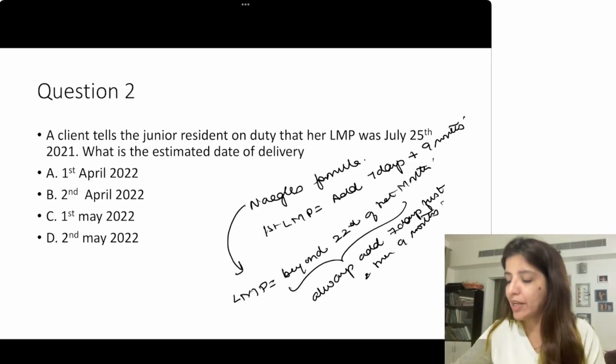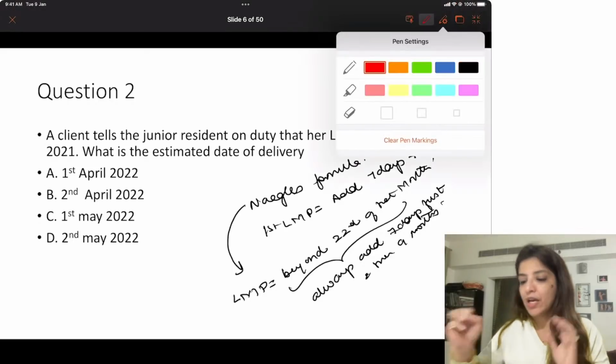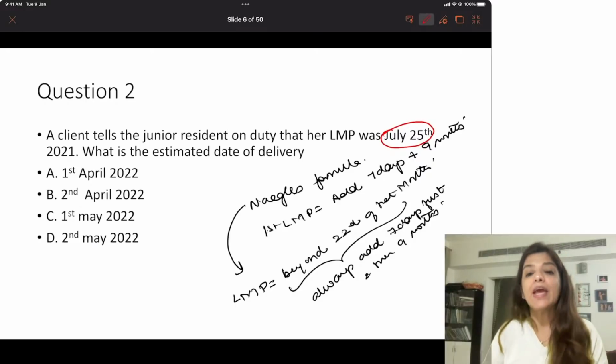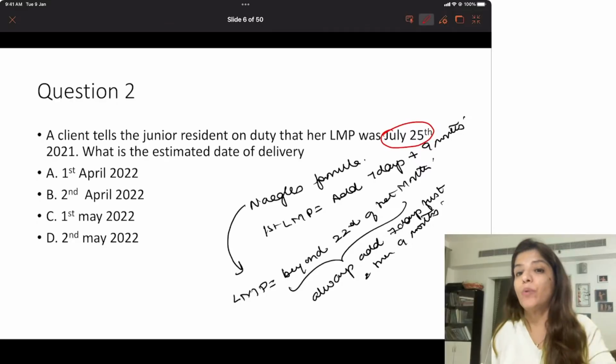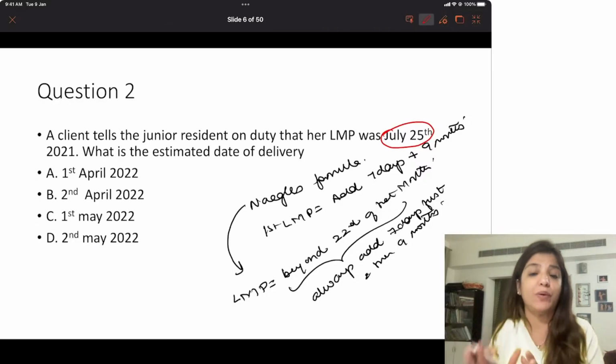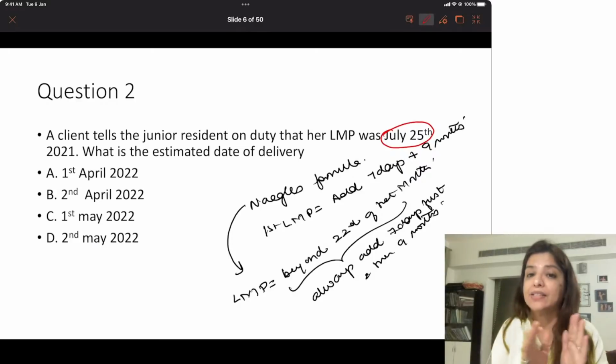For example, just let me show you this with an example. So over here, this is 25th July, right? Now, I am telling you whenever LMP is given beyond 22nd of any month, first add 7 days. So this is 25th, that means it is beyond 22nd. So I have to first add 7.